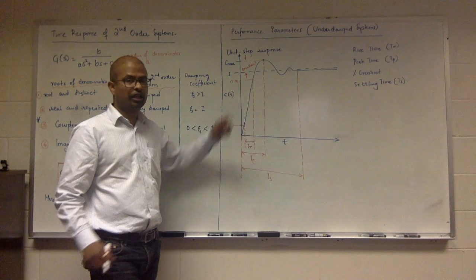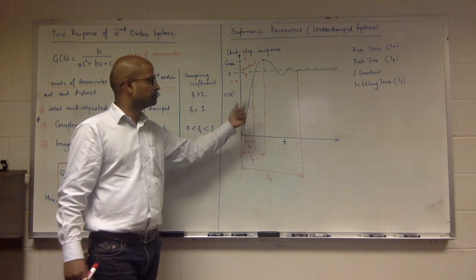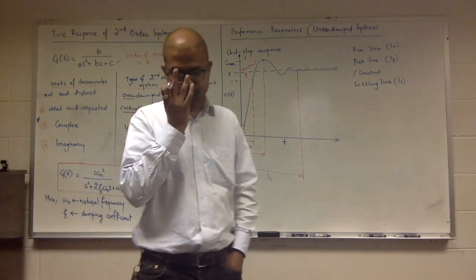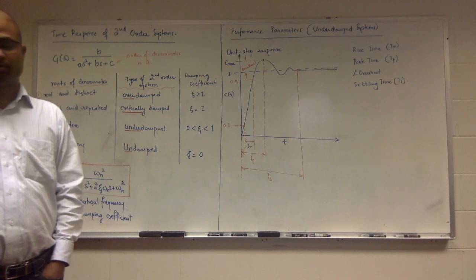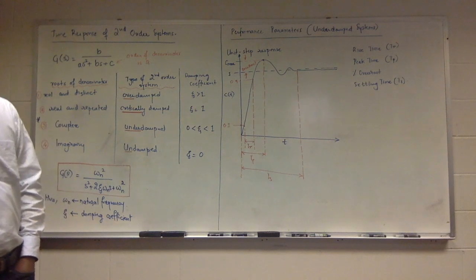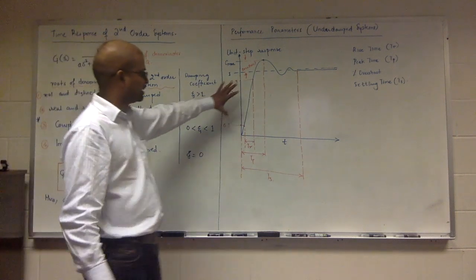So rise time is essentially the time taken for the system to go from 0.1 of the final value to 0.9. All right. Again, recall this 0 to 60 rating for vehicles, right? 0 to 60 in so many seconds. That is the rise time.